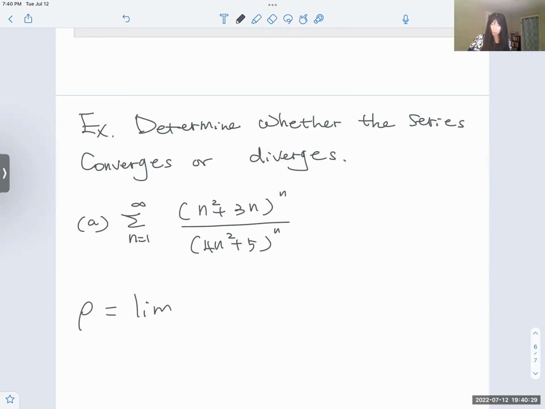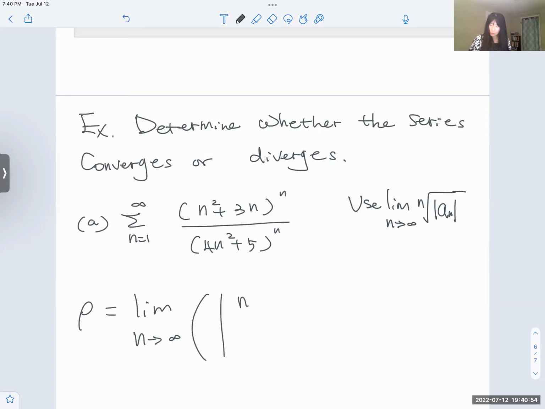Let us say this is rho, the limit as n approaches infinity. You can use the nth root, or you can use the 1 over n power, that's fine. So let me show you.